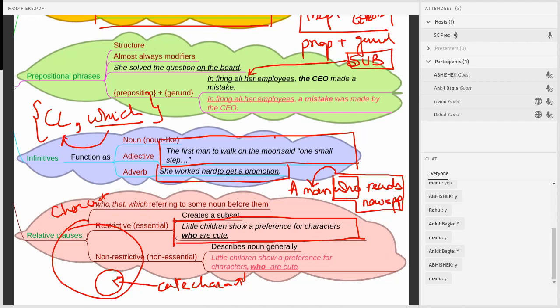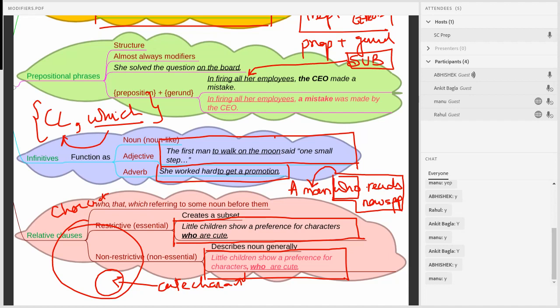Okay. Now, when you're ready, tell me why the second version of this is wrong. Little children show a preference for characters, comma, who are cute. So it tells us that all the characters are cute.